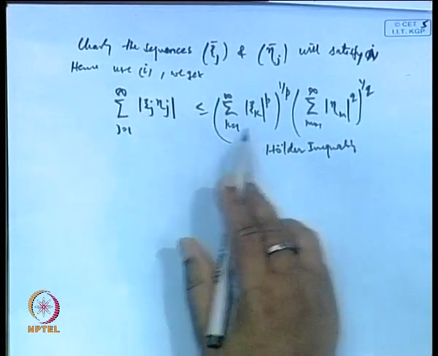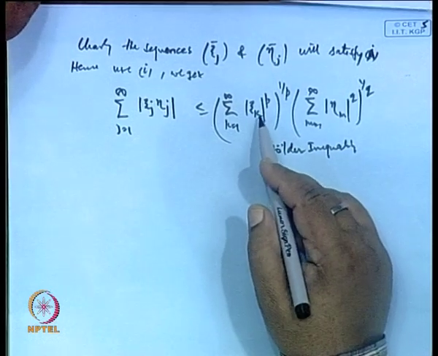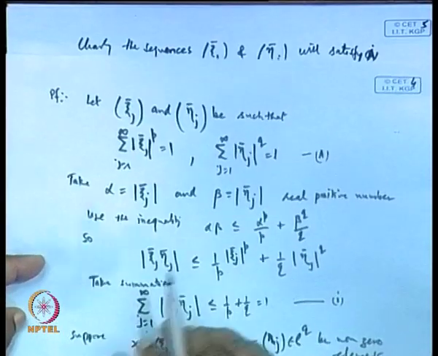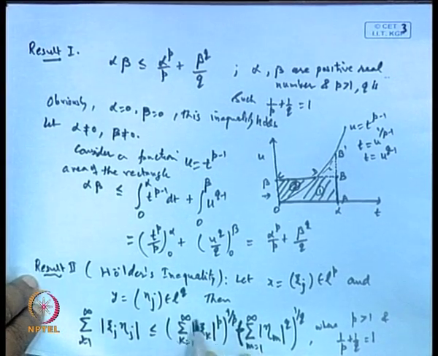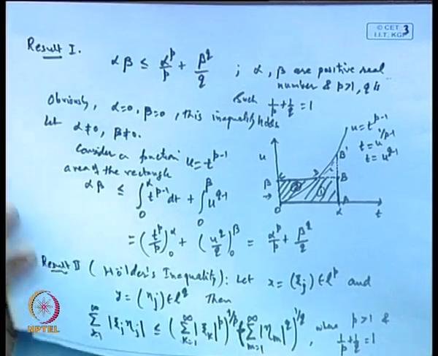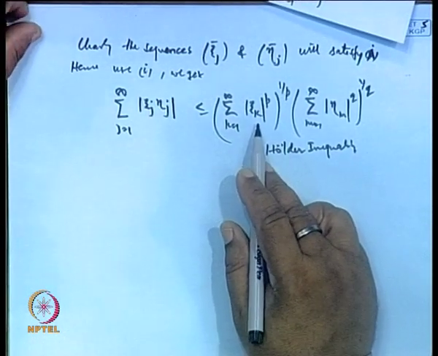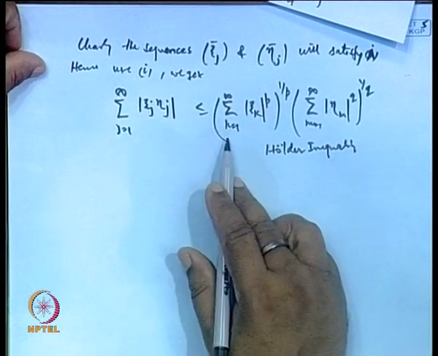In fact, because the series sigma of mod xi k power p is convergent, because the sequence x is in L P, this part will be finite, that is the sequence xi k will be an absolutely pth summable sequence. So, the absolute sum will be finite.